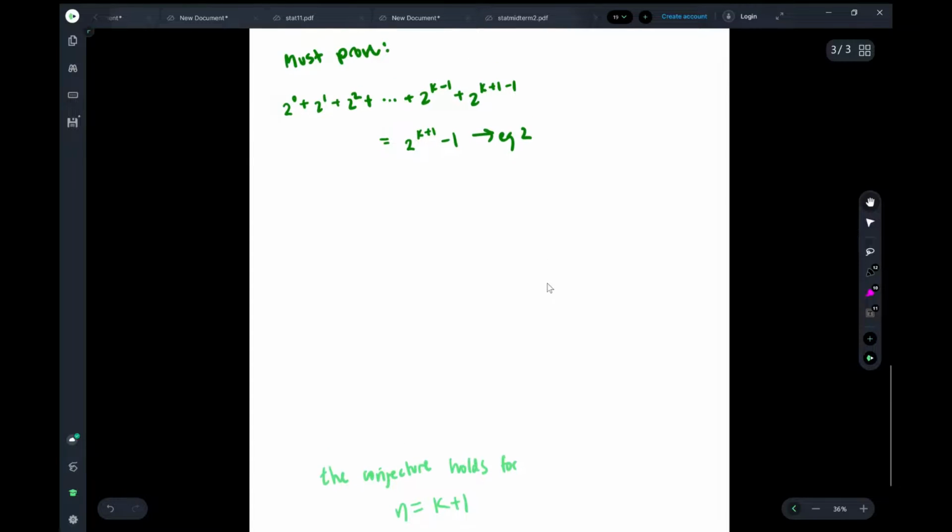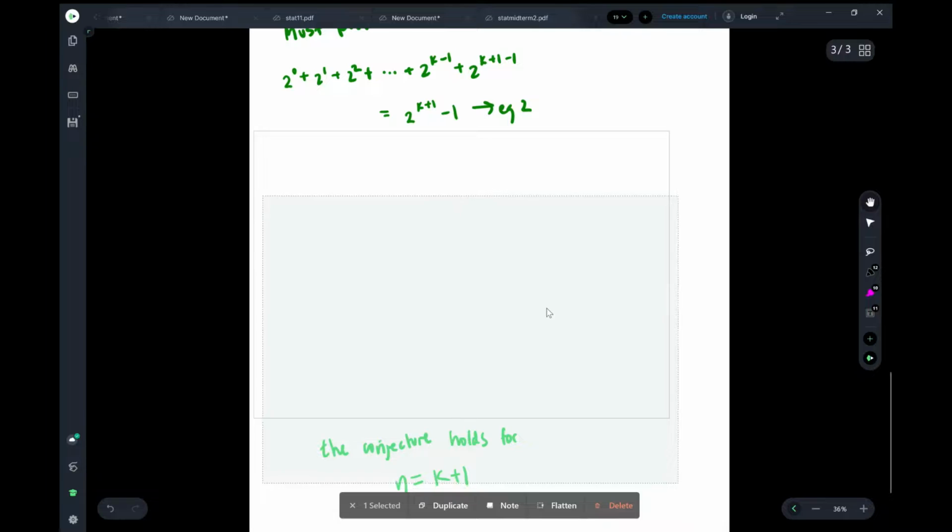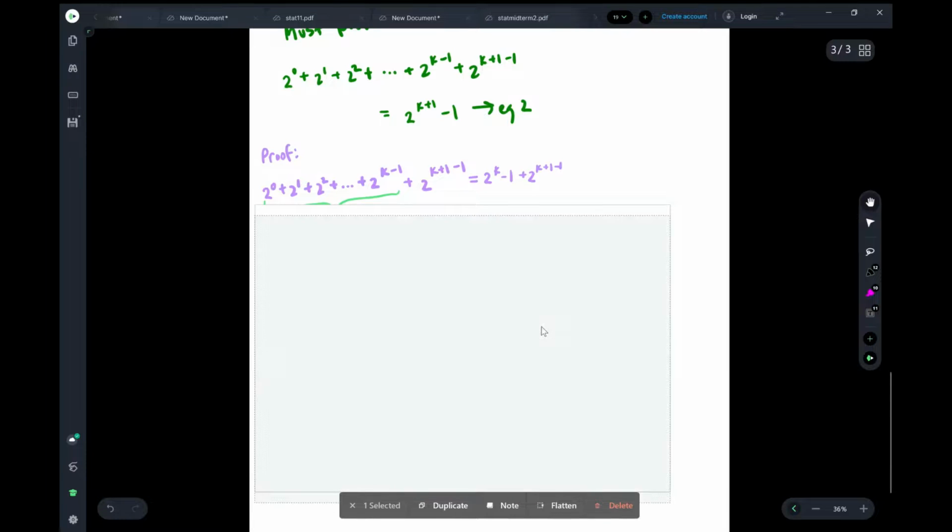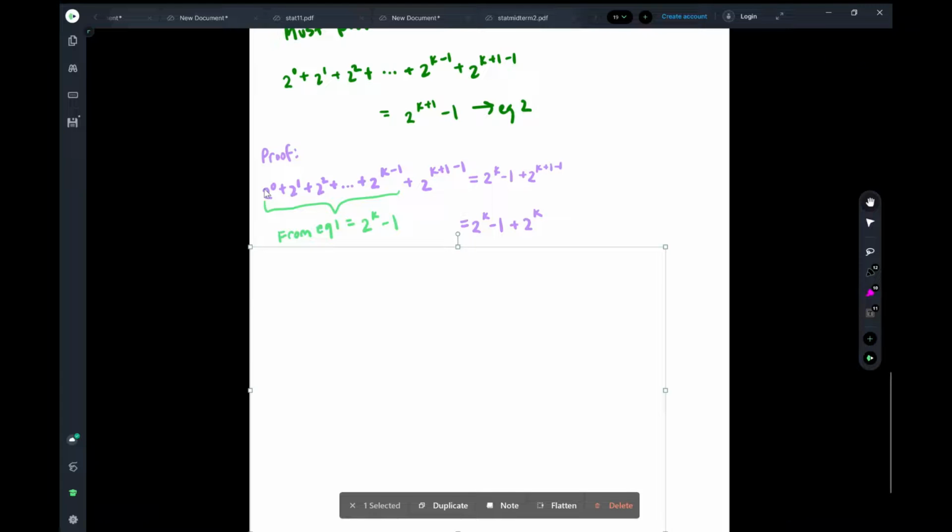To prove it, we take this equation, and we notice that something special happens on the left hand side. The first set of values, all the way up to 2^(k-1), is actually equation 1 that we established earlier, and equation 1 is equal to 2^k - 1.